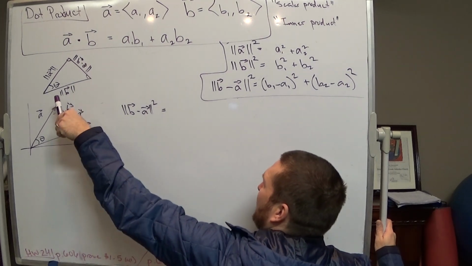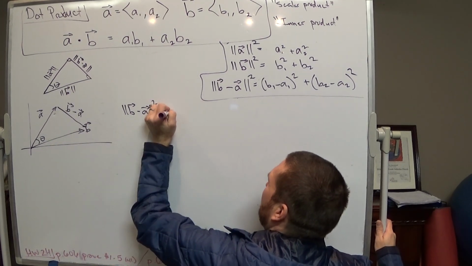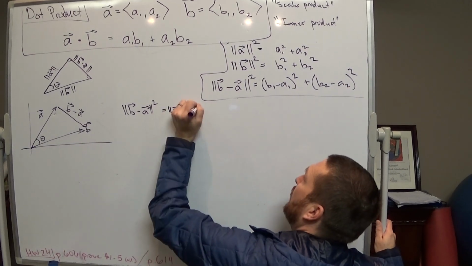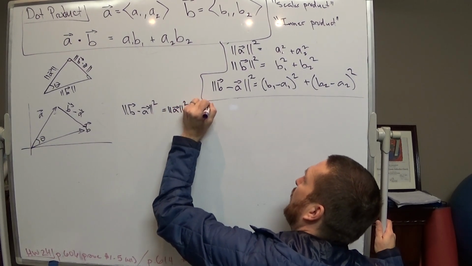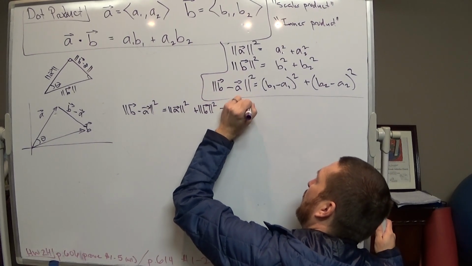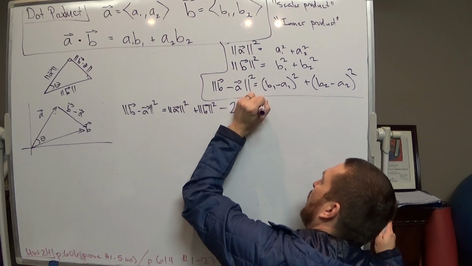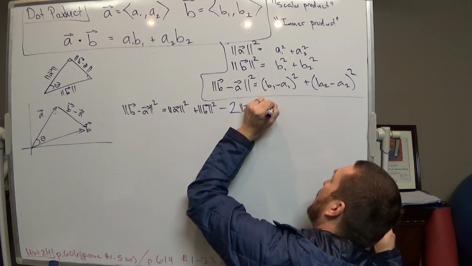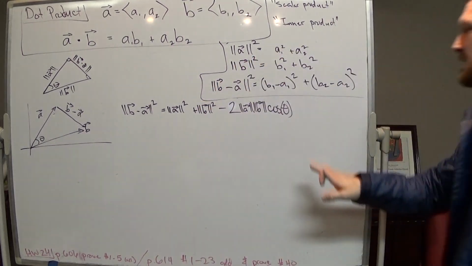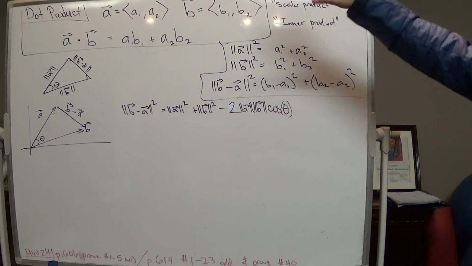The magnitude of A squared, not vector A, plus the magnitude of B squared, minus 2 times magnitude A, magnitude B, cosine of theta. That's the whole reason we did it, because this is what we care about. We don't care about the other ones.